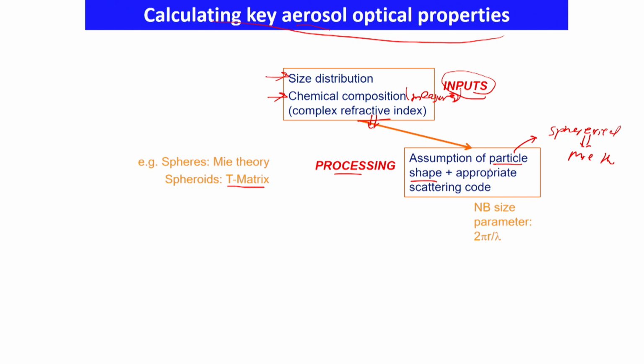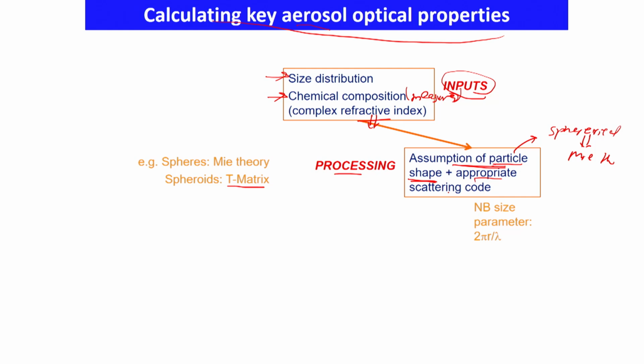So you assume the particle shape, and this is where the uncertainty in the calculation of the radiative forcing comes from, because if you rightly assume the particle shape, you are going to get the right combination of aerosol optical properties, whereas if your assumption about the particle shape is wrong, you are going to get wrong optical properties, and therefore wrong radiative forcing calculations.